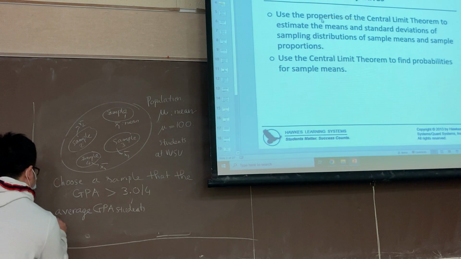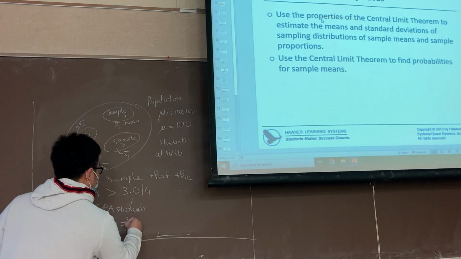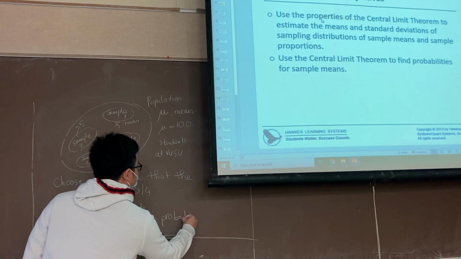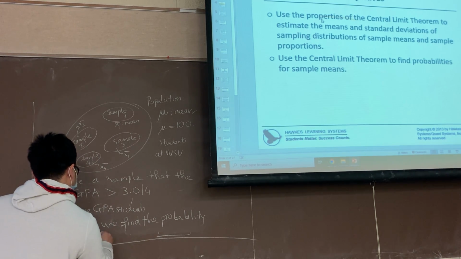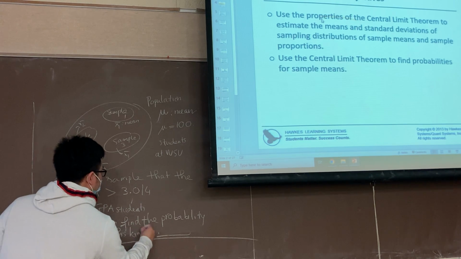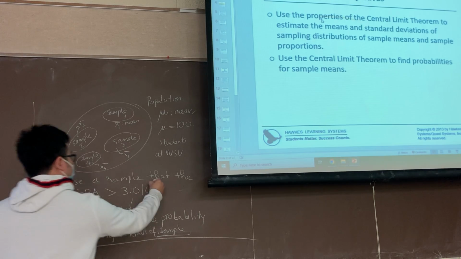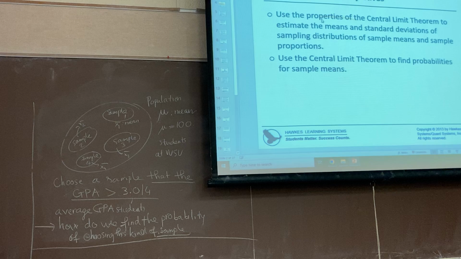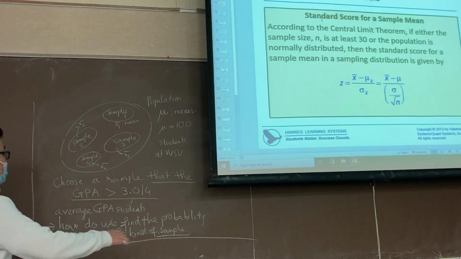The question is the probability of choosing a sample whose GPA is greater than this number. How to do that?